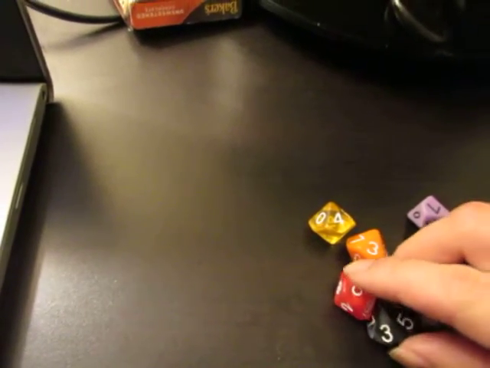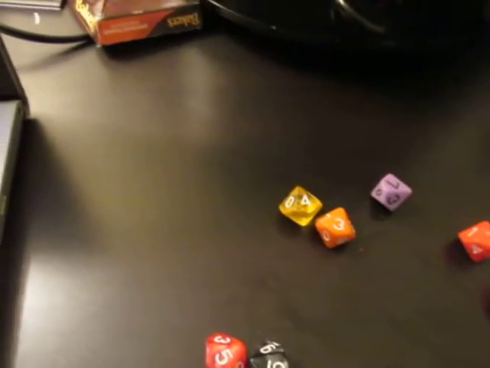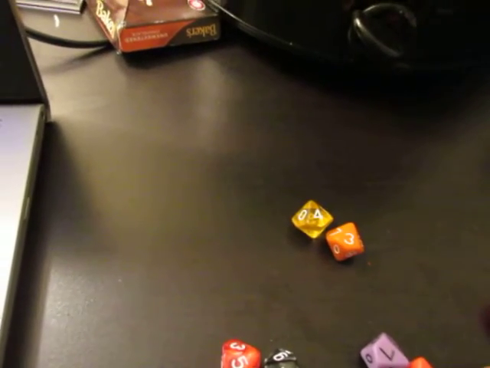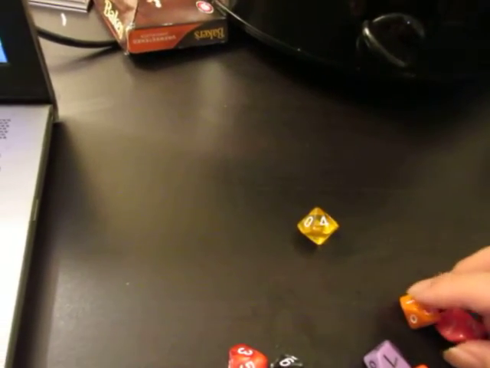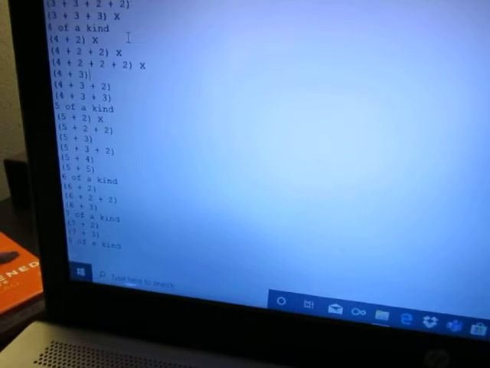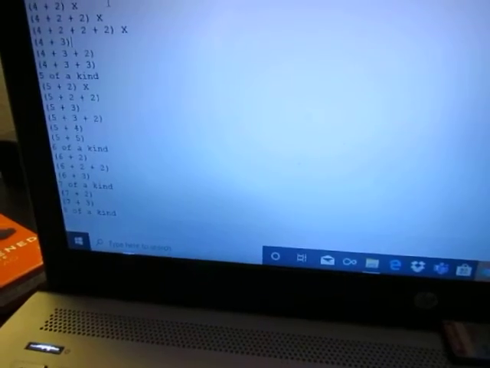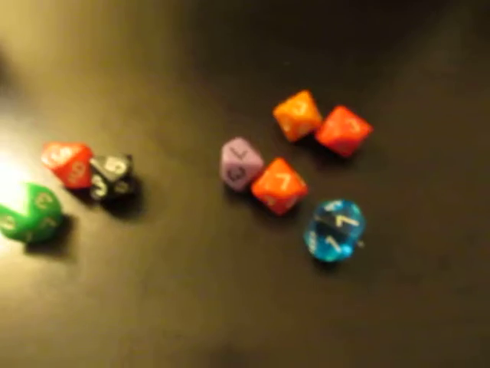Okay, 5, 5, 5, 7, 7, 7, 3, 3. Let's see what we're going for now. We don't have a 3 plus 3 plus. Let's see. We could go for a 3 plus 3 plus 2 plus 2. So we need these 2 dice to come up as a pair now.